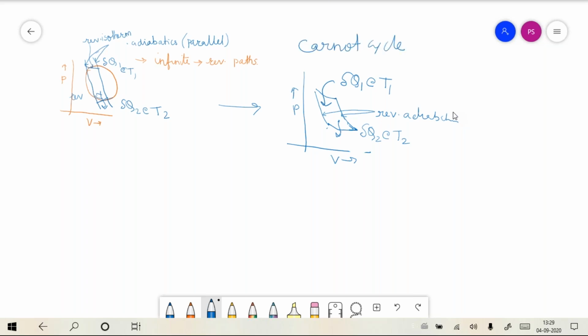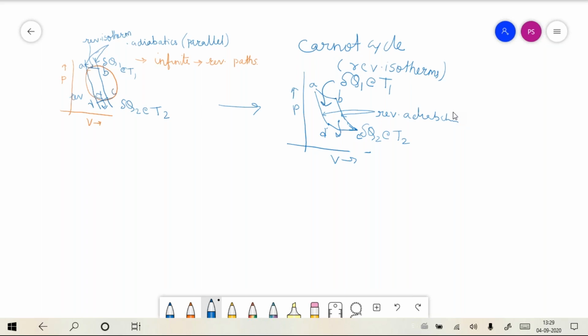Because a Carnot cycle has two reversible isotherms, wherein there is a heat addition in one and a heat rejection in the other. Let me call these A, B, C, D.